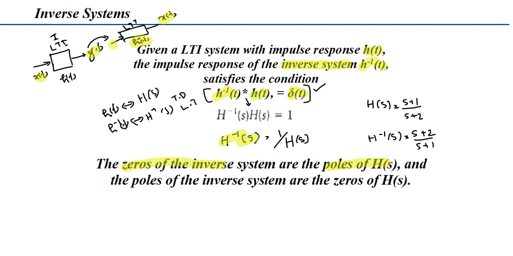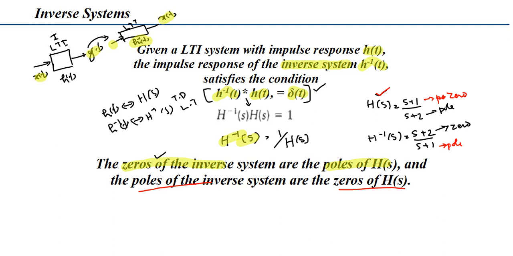From this you can see that the zero of the inverse system, s plus 2, is actually the pole of H of s. Similarly, the poles of the inverse system are actually the zeros of H of s.